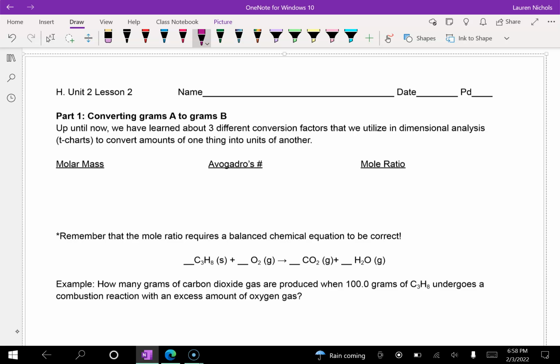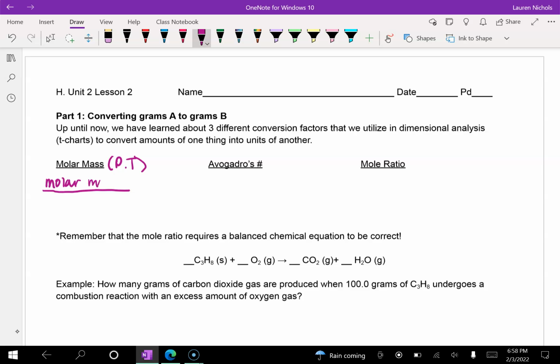So the first one is molar mass, and remember we use our periodic table to help us calculate our molar mass. And so the molar mass has units of grams per mole. So it's whatever your molar mass calculation is in grams, and it's always equal to 1 mole of your chemical. The second one we learned about was Avogadro's number. Now remember, Avogadro's number is 6.02 times 10 to the 23 particles.